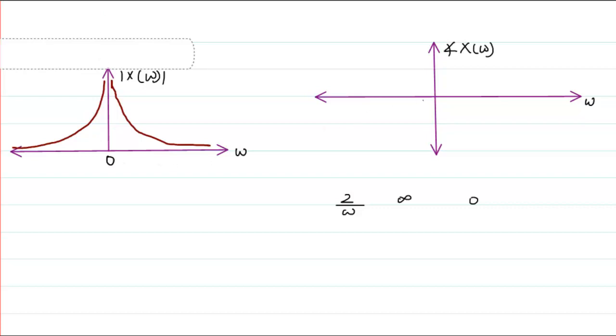Similarly, for the angle of X of omega we will get negative pi by 2 for the positive omega axis and positive pi by 2 for the negative omega axis. So this is going to be pi by 2, this is going to be minus pi by 2. So this is the spectrum, the frequency spectrum of a Signum function.